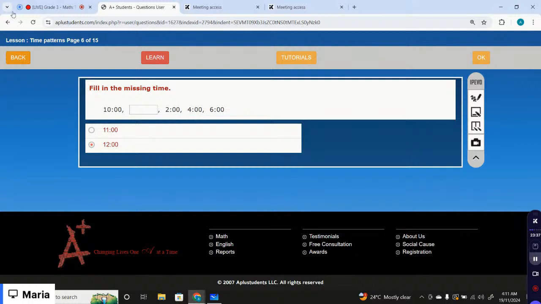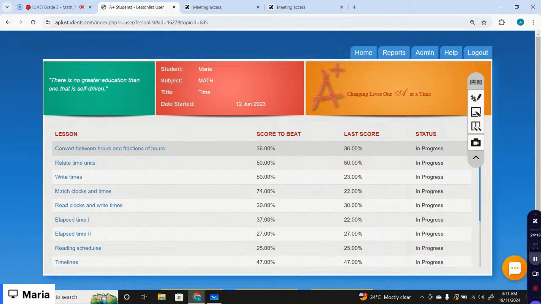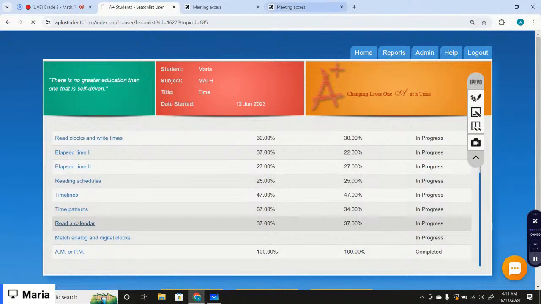Okay, you can complete the lesson by yourself later today. Let me just move on to the next lesson, and the next lesson is that is read a calendar. Let's just start with the lesson.